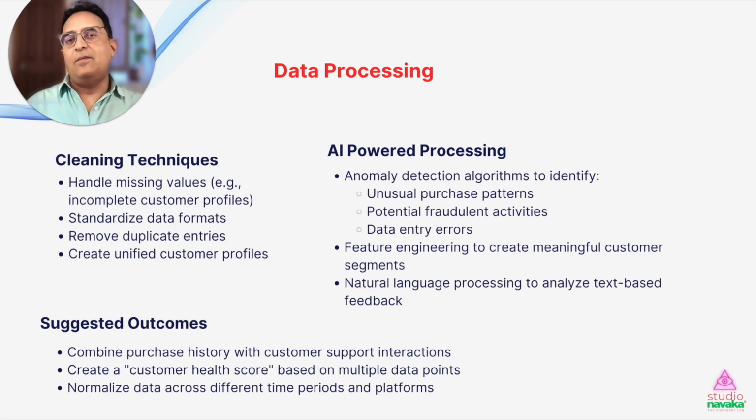So in summary, when you're doing your data processing, you're cleaning up the data and ensuring that it sits across in a stabilized way, and as probable outcomes, you're defining customer health scores within your purview, and seeing which is going best and which is going worst, and how you want to correct them.